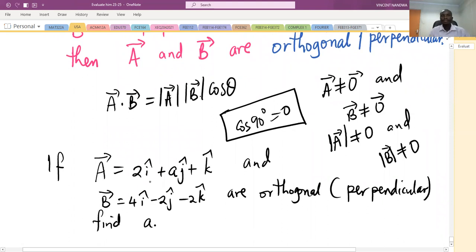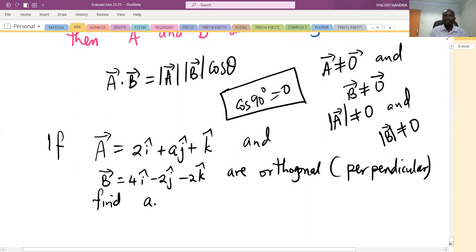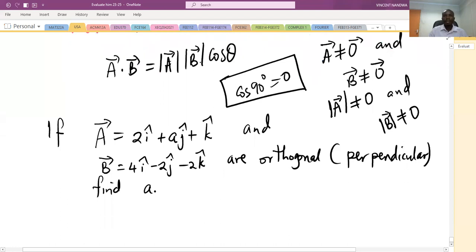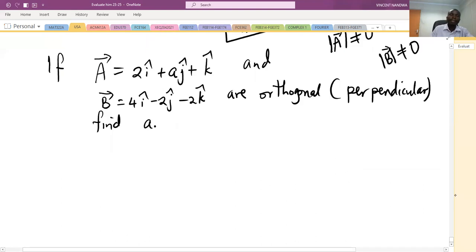Now this is a very easy problem if you know the definition of orthogonal vectors from dot product point of view.